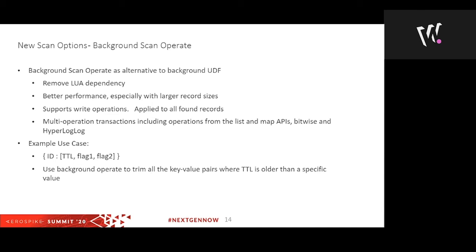One example use case: let's say you had a record where the bin value corresponded to a map with an ID key, and it had a TTL as part of a nested list. You could just use a background scan operate to trim all the key-value pairs where that TTL value is older than a specific value.